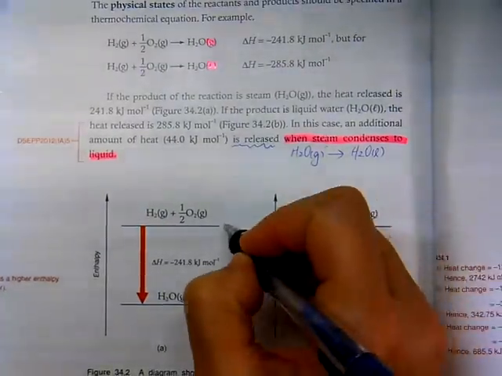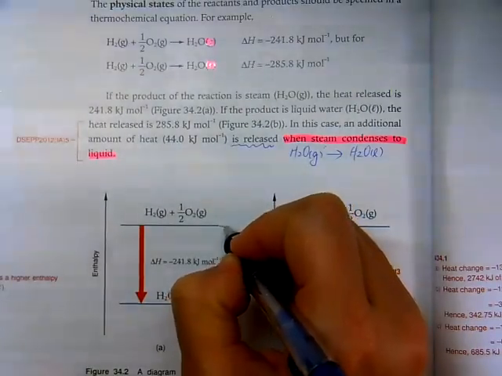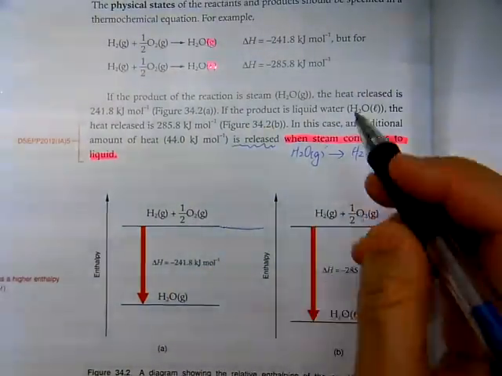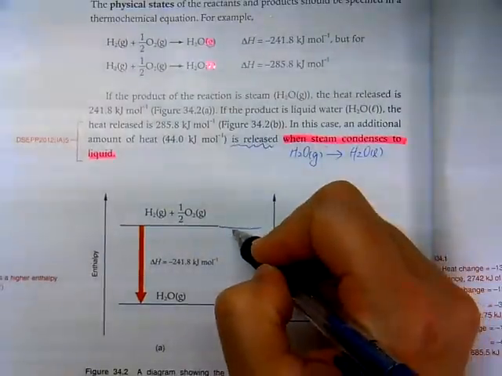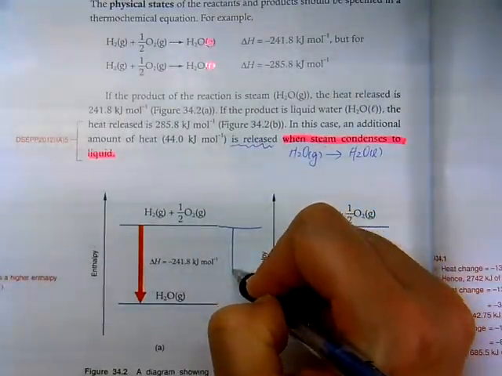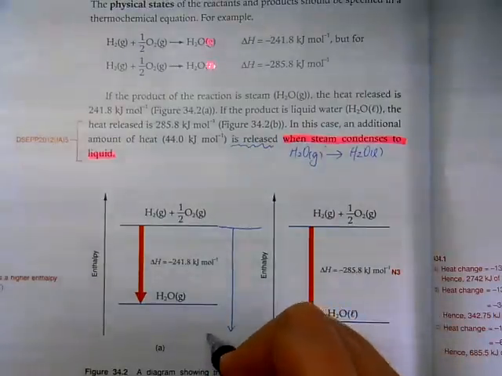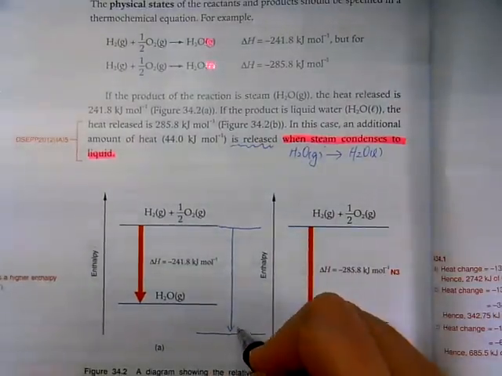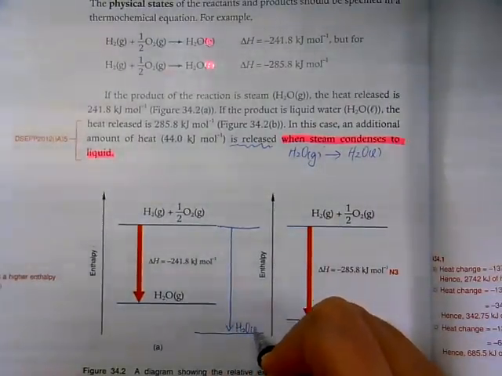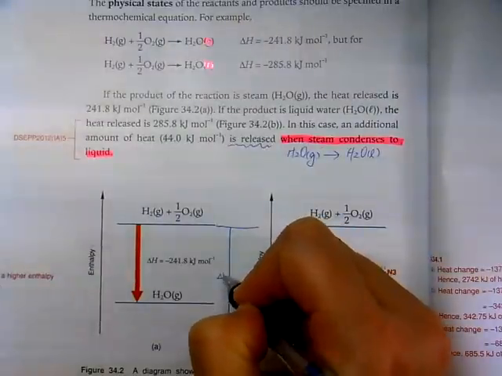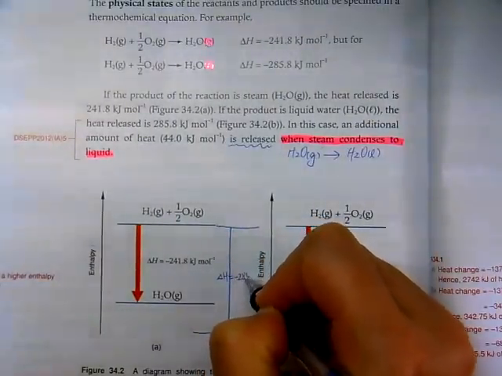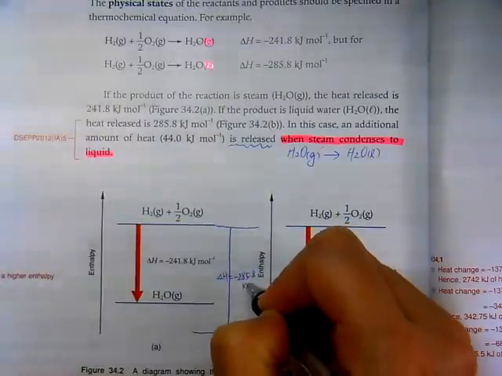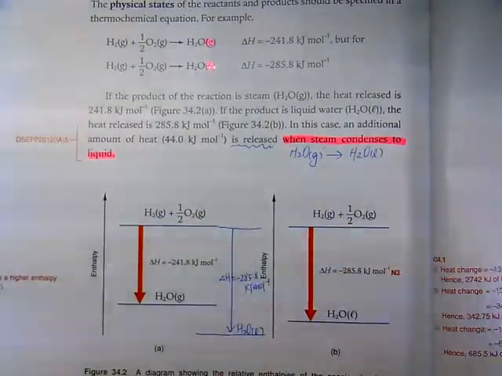I would like to draw the two diagrams together, okay? Instead of two, I combine these two together. Same height, but now more energy is released. So here is H2O liquid, and the amount of heat released is negative 285.8 kilojoule per mole. Do you understand?